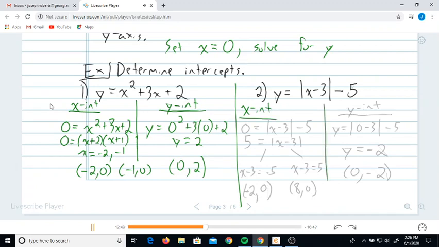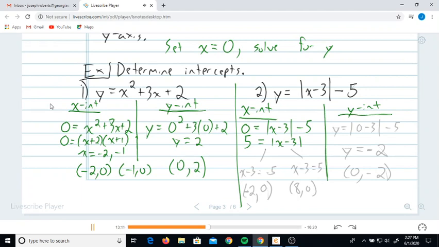So let's figure out the x and y intercepts of this absolute value graph. So for x coordinates, we set the y to 0 and solve. So we did a handful of these on the first test. So you want to isolate the absolute value. So the distance of the expression x minus 3 from 0 is 5.